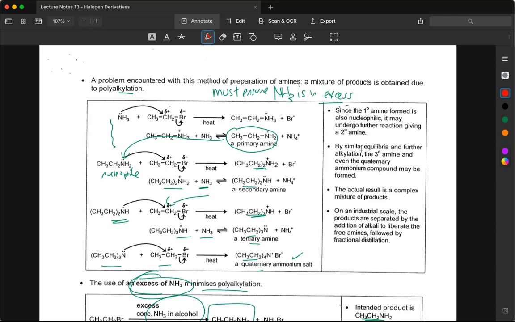By similar equilibrium and further alkylation, you keep on adding the alkyl group. The tertiary amine and even the quaternary ammonium compound may be formed if you allow the reaction to proceed. So the actual result will be a complex mixture of products. On an industrial scale, the products are separated by the addition of alkali to liberate the free amine, followed by fractional distillation.